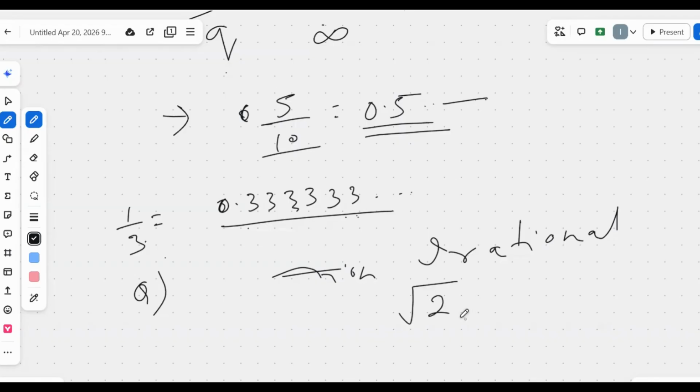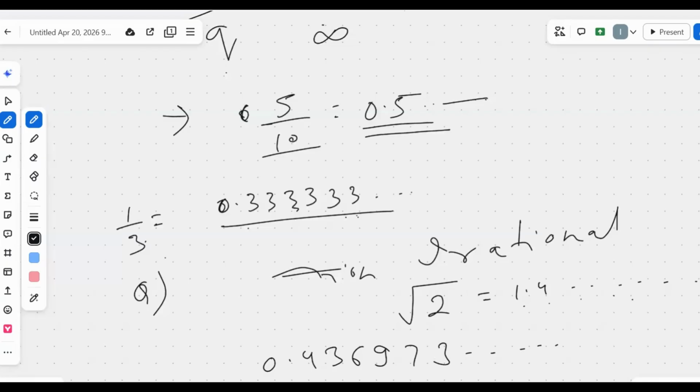It's non-terminating. It's going to be 1.4 something something. Even though it's non-terminating, it's not repeating its value. If I say something like 0.436597386, continuing like this, this is your non-recurring number.